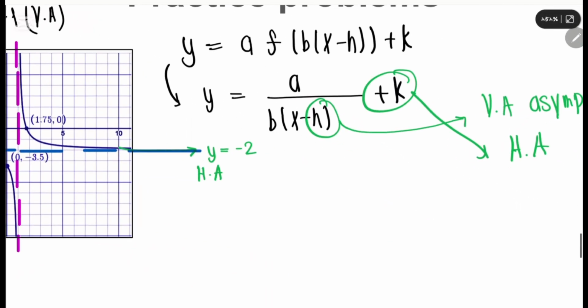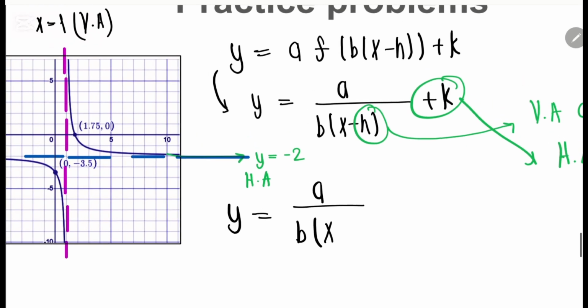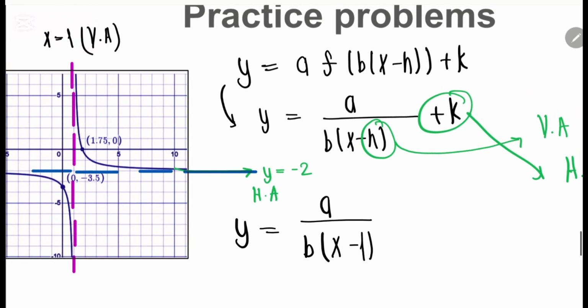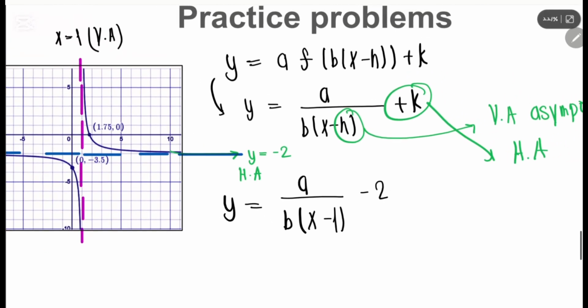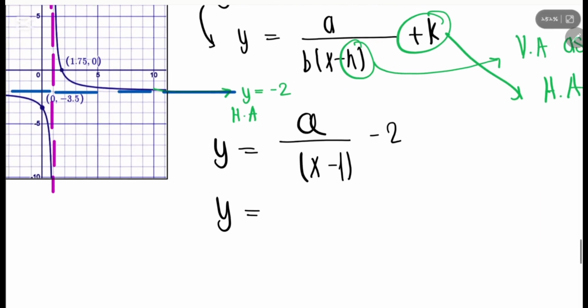Okay, so what you do is just plug straight into h and k. So vertical asymptote, horizontal asymptote. There you go. Okay, now again, you choose a or b to set equal to 1. So let me just choose b to set equal to 1. Now let's solve for a.